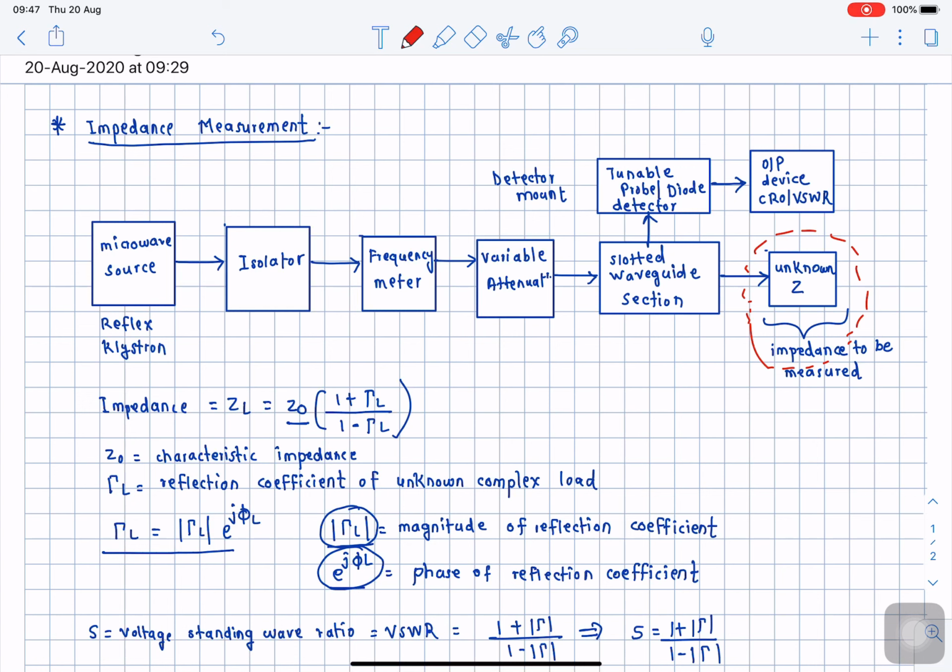Initially, we replace this unknown impedance with a short circuit. So here I connected a short circuit.